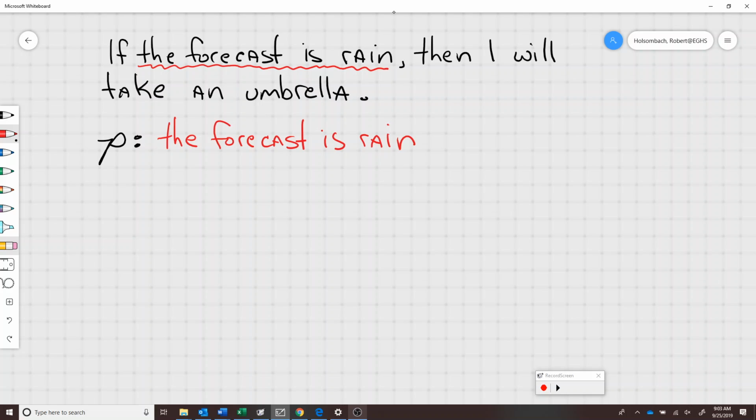Identify the hypothesis and the conclusion. The conclusion, its symbol is the lowercase cursive q. The conclusion is what follows the word then in the statement. I will take an umbrella is the conclusion.